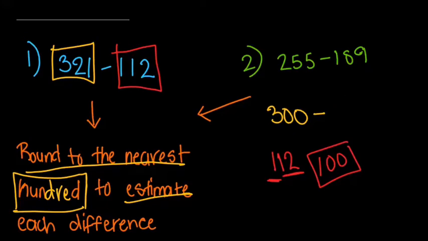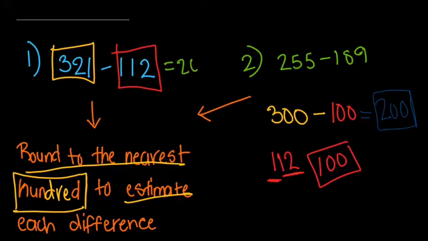So it's going to be 300 minus 100, which is equal to 200. So our answer, when estimated, is 200. So 321 minus 112, when estimated, is equal to 200.